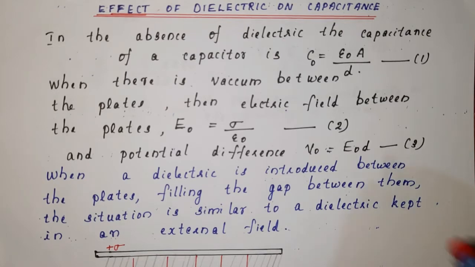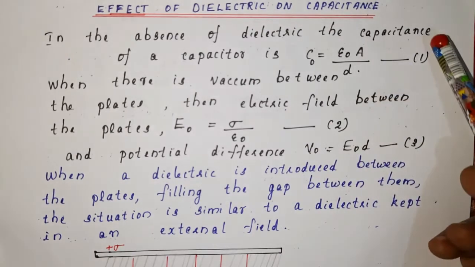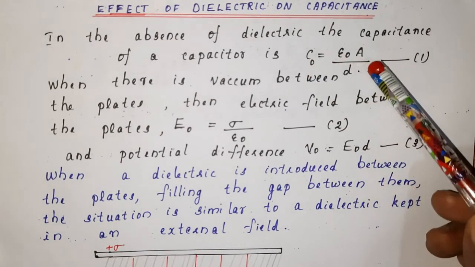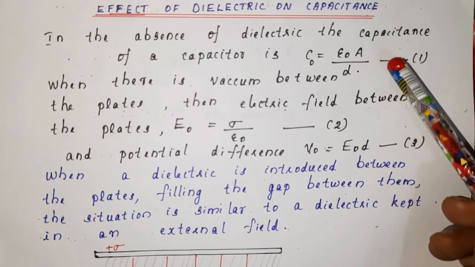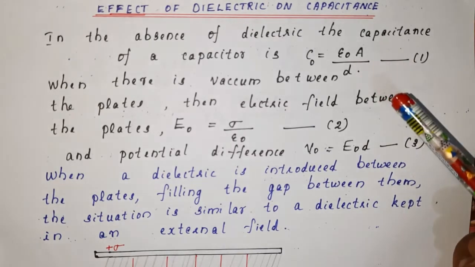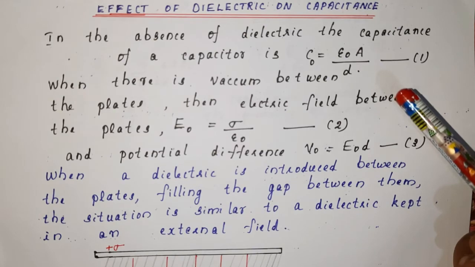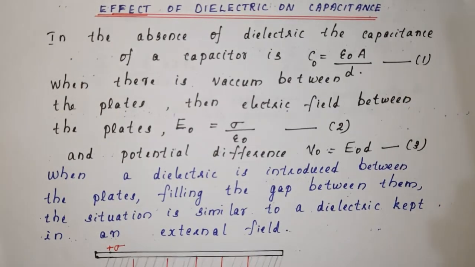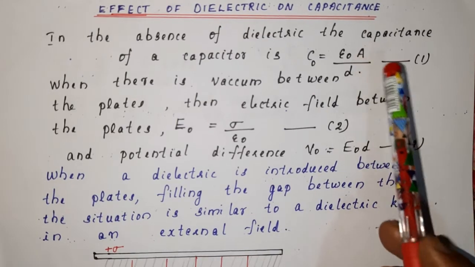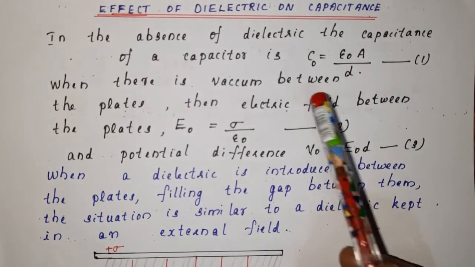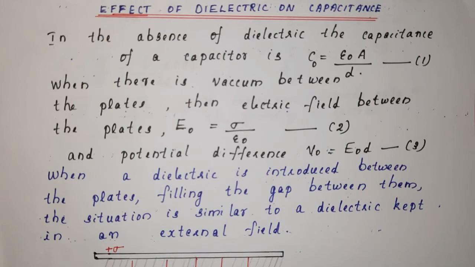In the absence of dielectric, we got the capacitance of the capacitor to be C0 equal to epsilon 0 A by d. So what do we have in between the capacitor plates? We have vacuum between the capacitor plates.